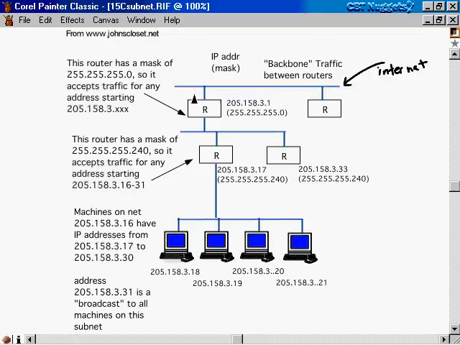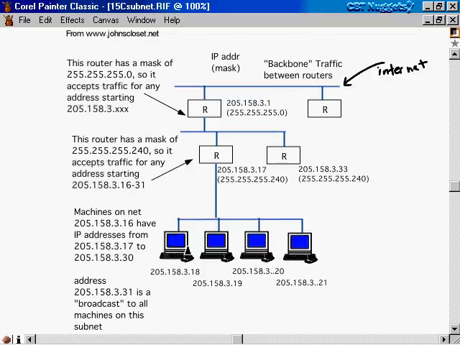Every message that's going out here on the internet has a destination address in it, and those destination addresses decide where it should go on the internet. Maybe it's going directly to this computer down here, like 205.158.3.18. Well, how is this router supposed to know to take that message and funnel it through its local network so that it gets to this computer?